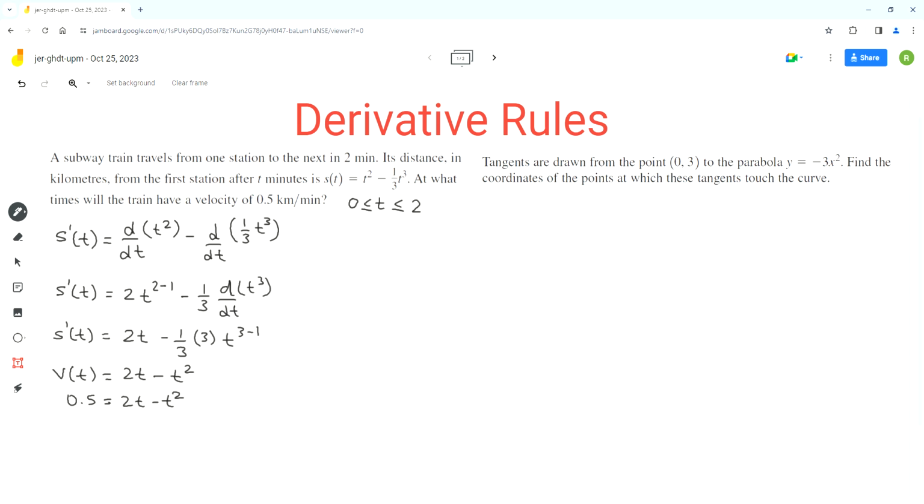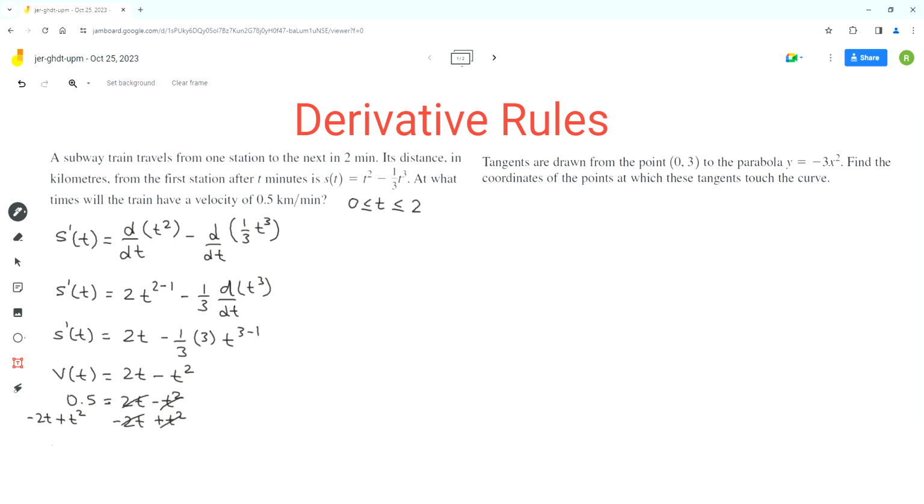So first we can move all terms to one side of the equation and set the equation equal to 0. So we can move the negative t squared and the 2t terms to the left side. So we add t squared to both sides, which cancels out the t squared on the right side, and we subtract 2t from both sides. So the 2t's on the right side cancel each other out.